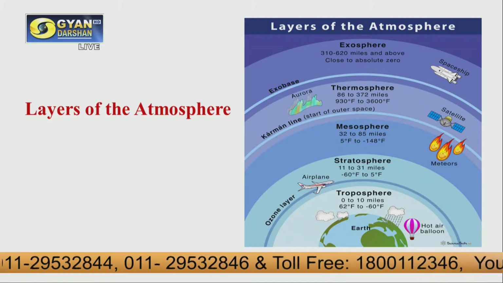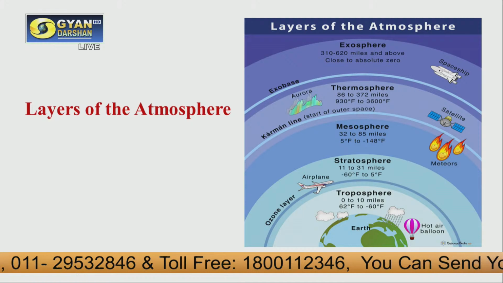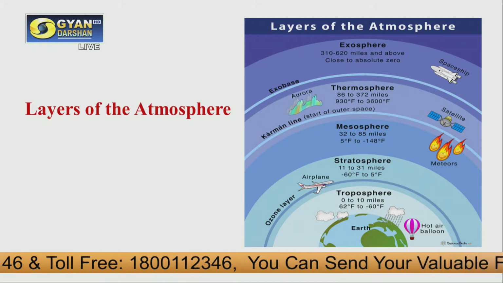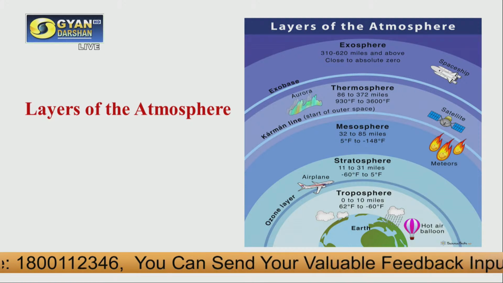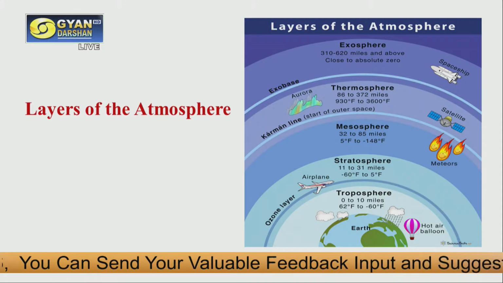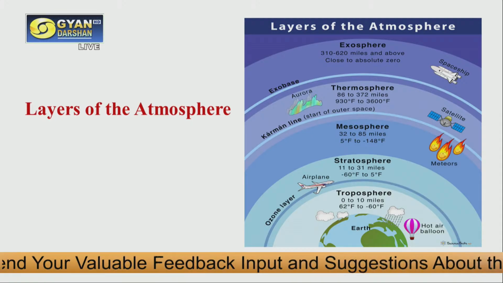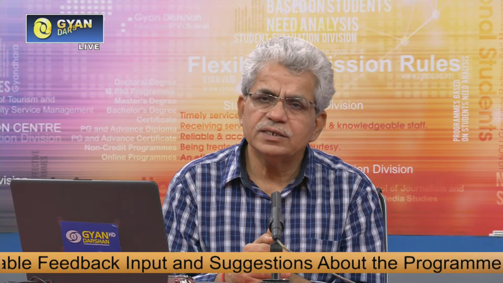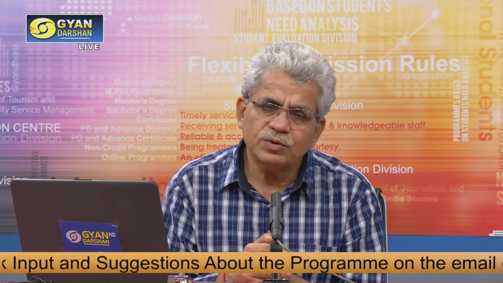Here the height starts from 86 miles to 372 miles, and beyond that is the exosphere. So these are the different kinds of layers of the atmosphere.